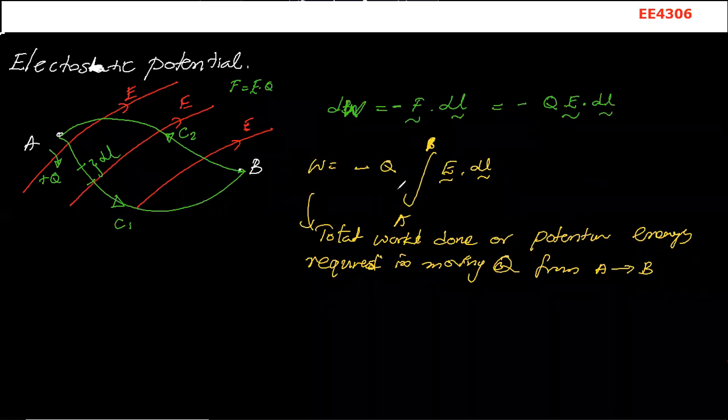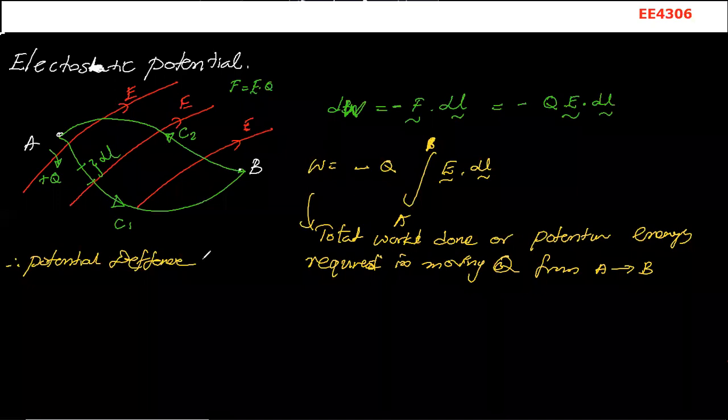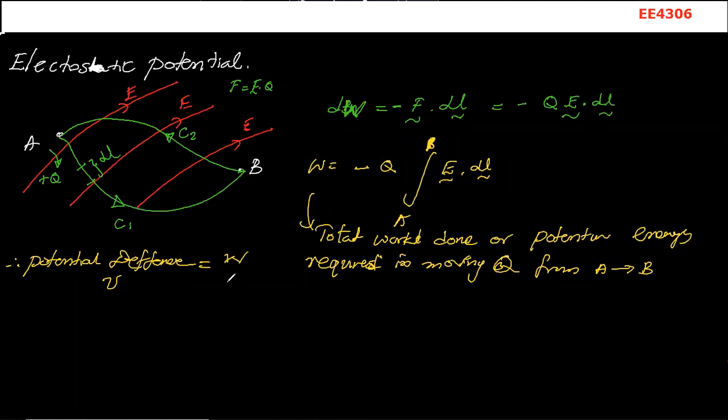Therefore, the potential difference we define: V equal, just divide the total work done when you move from point A to B by the charge. This one represents the total work done for the unit charge.